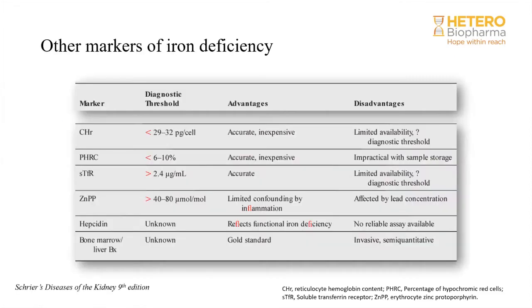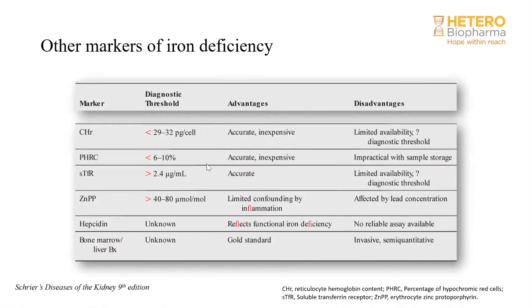These are some of the theoretical markers we have, and probably they are more available in centers which have access to them. Some of the advantages are that they don't get influenced by ongoing inflammation. We know that hepcidin and inflammation can interfere with some of the estimates, like ferritin, which can be high in the presence of inflammation.